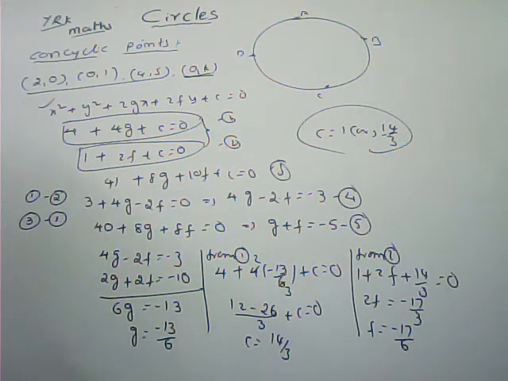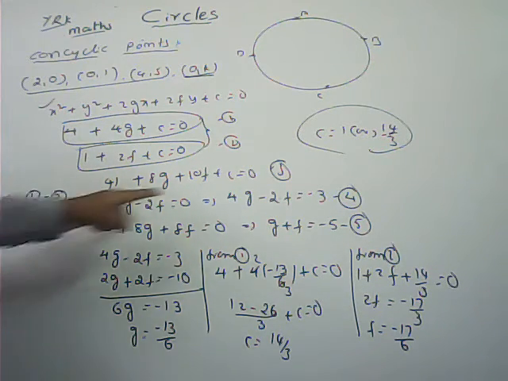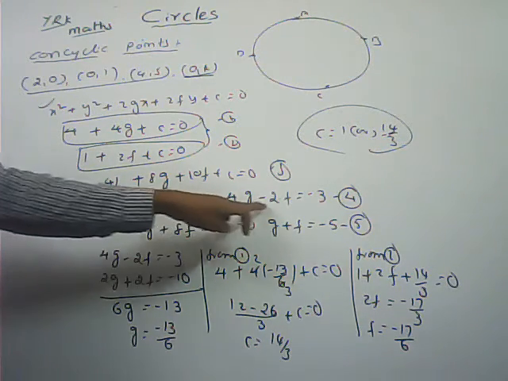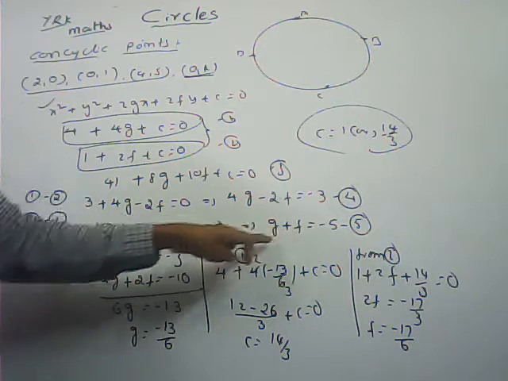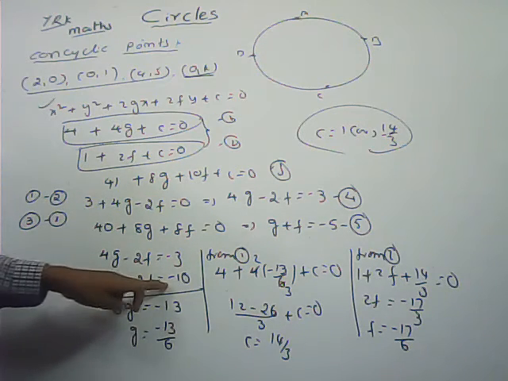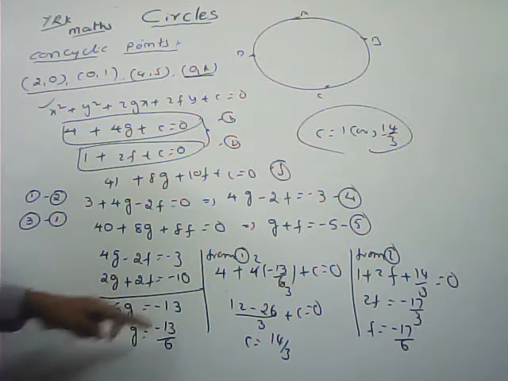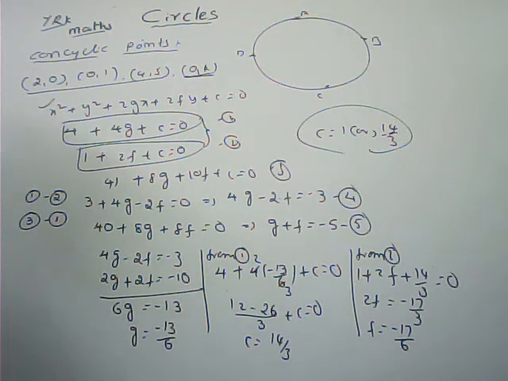See, this is the calculation. Here we got 3 relations. 1 minus 2, we can get this relation. 3 minus 2, we can get that relation. And here 4g minus 2f equals to minus 3. This one I am multiplying with 2. 2g plus 2f is equals to minus 10. By adding, 6g equals to minus 13, g equals to minus 13 by 6.